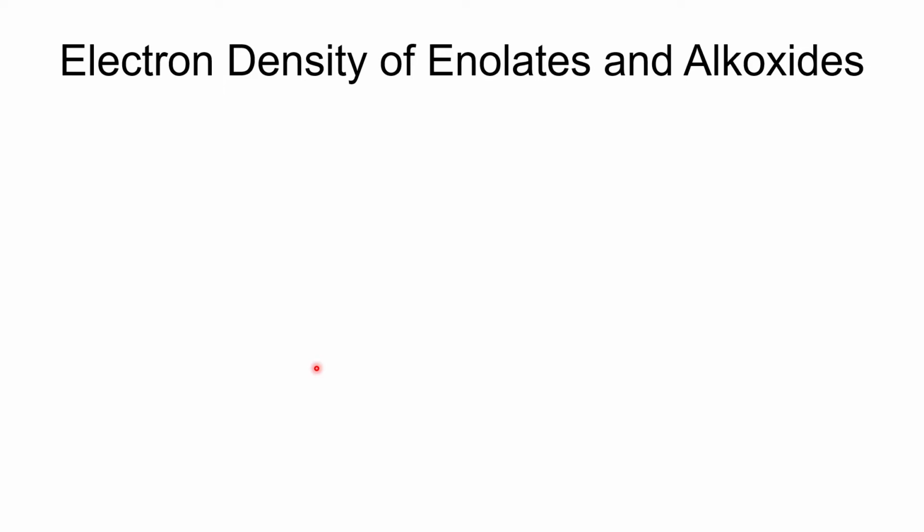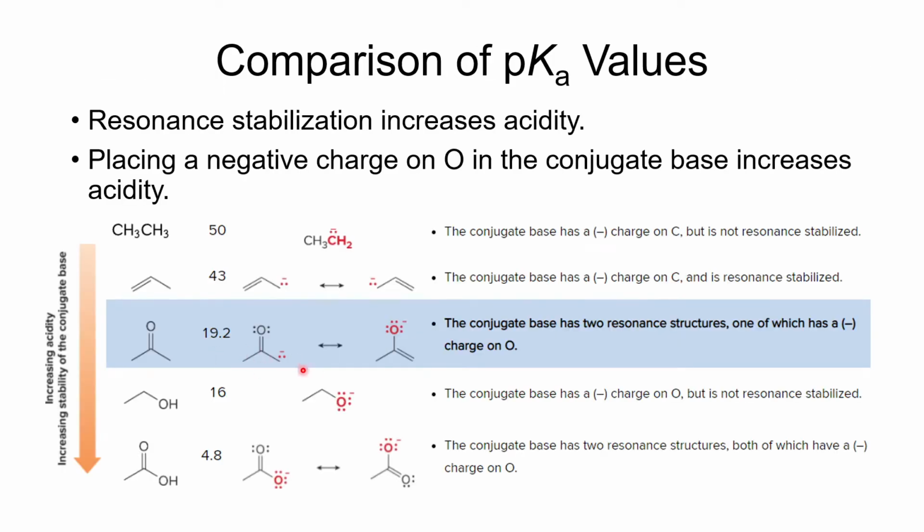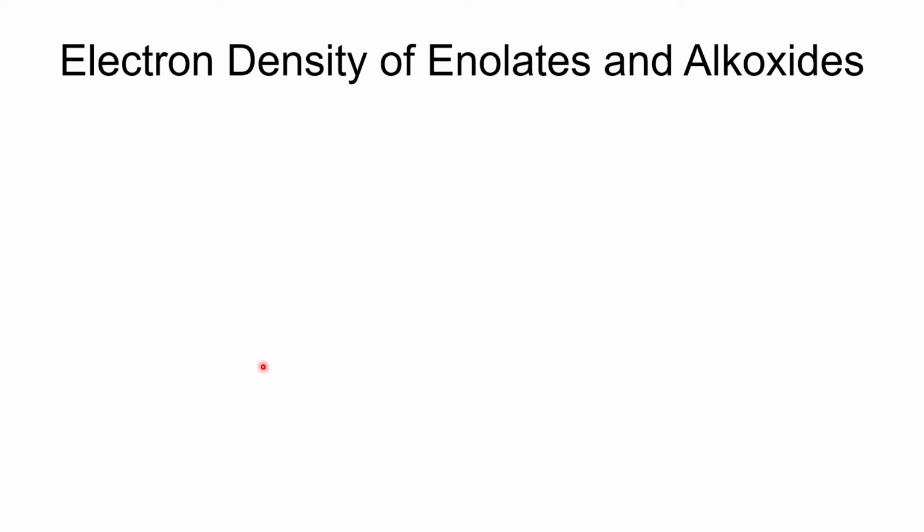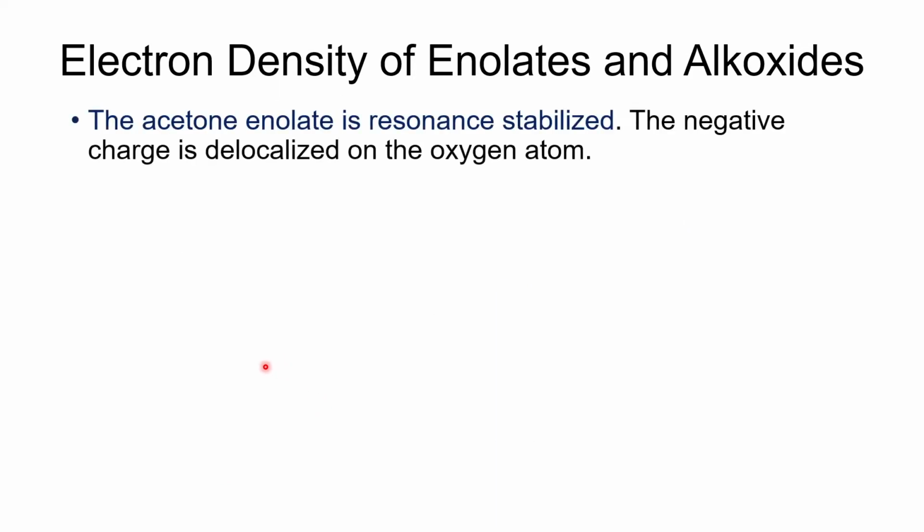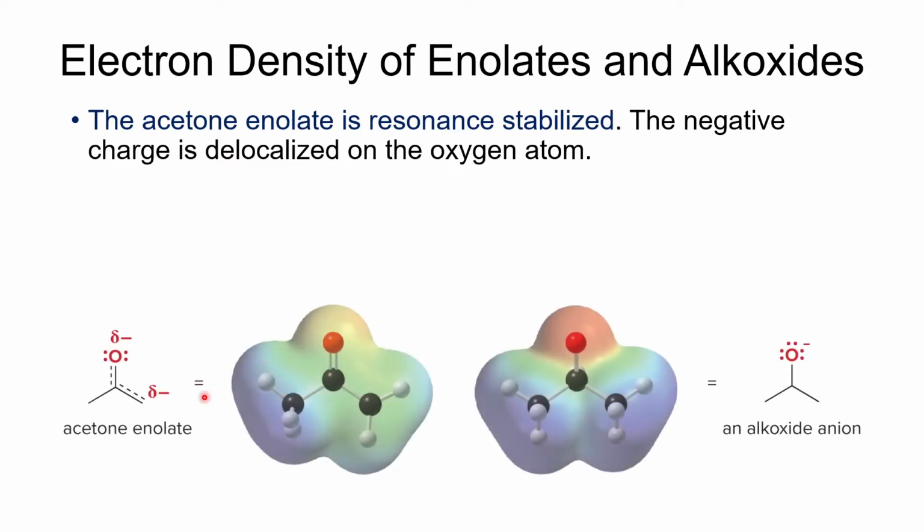Let's look at an electron density map of the acetone enolate. That's the one we just looked at, this one. So the acetone enolate, and compare that to an isopropoxide anion. When we deprotonate the carbonyl, we'll get some partial negative charge on the carbon and some partial negative charge on the oxygen.